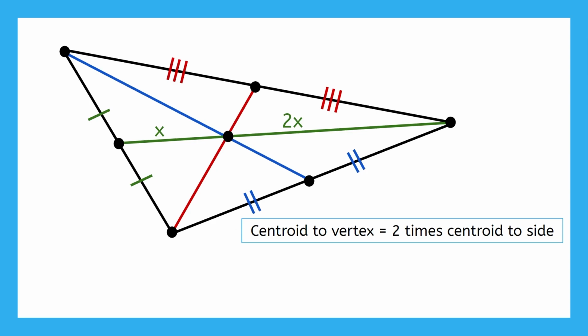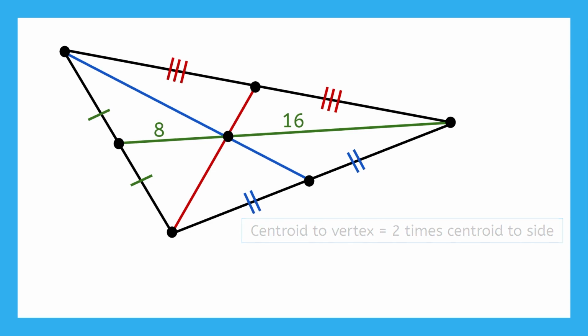So, if the segment from the centroid to the vertex is 10 units, then the segment from the centroid to the opposite side is half as big, making it 5 units. If this segment was 8 units, then this one would be twice as big, making it 16 units.